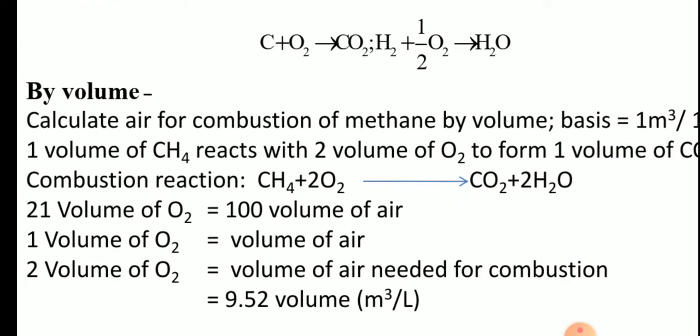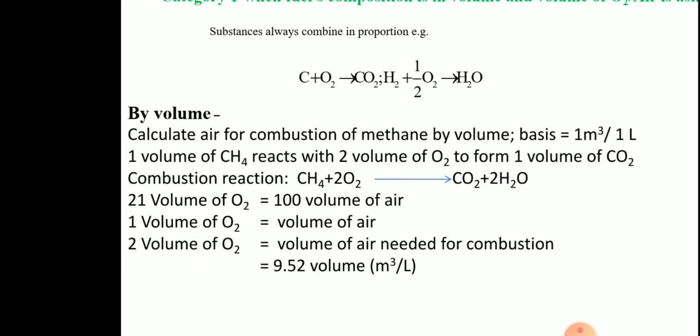Sample problem is combustion of methane. Calculate air for combustion of methane by volume. So volume is given, which means the basis will be 1 meter cube or 1 liter. Volume of 1 methane reacts with 2 volumes of oxygen to form 1 volume of carbon dioxide, as depicted in the reaction.